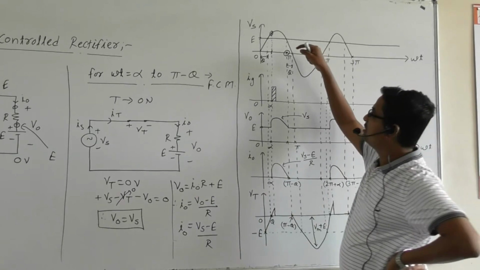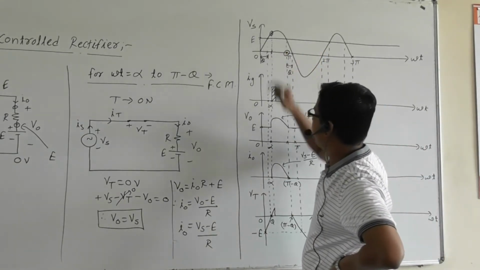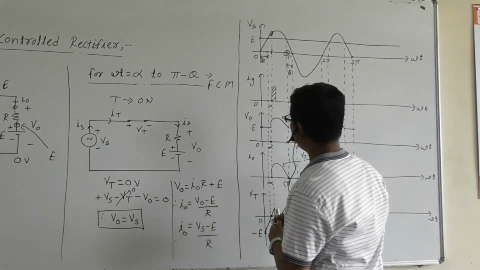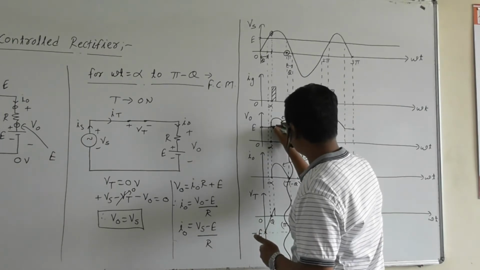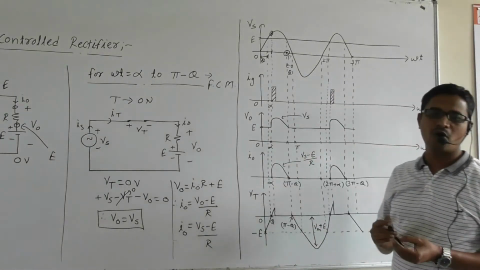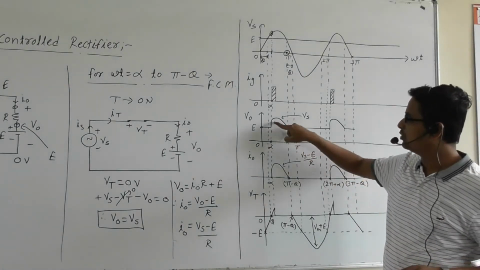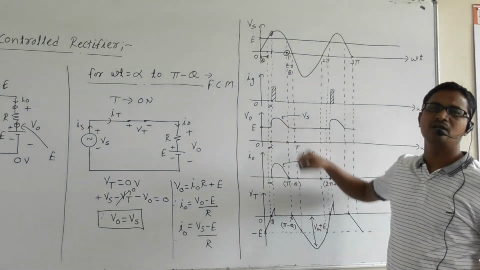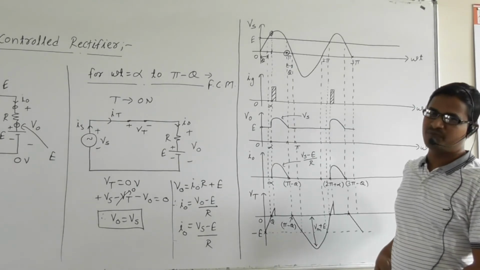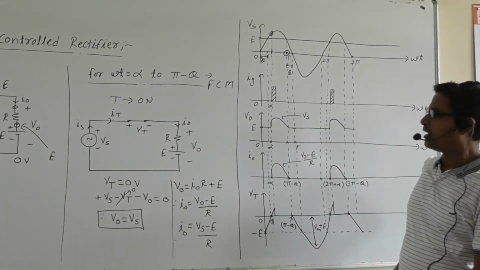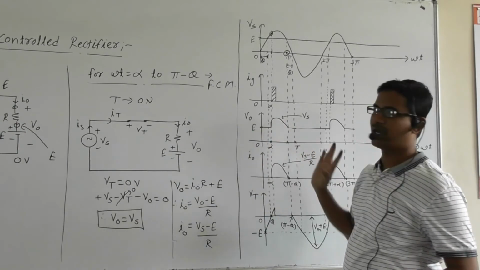So at alpha, there is a sudden increase in the V0, from E to this instant. This instant is Vm into sine of alpha. And after that, V0 is same as that of the supply voltage.